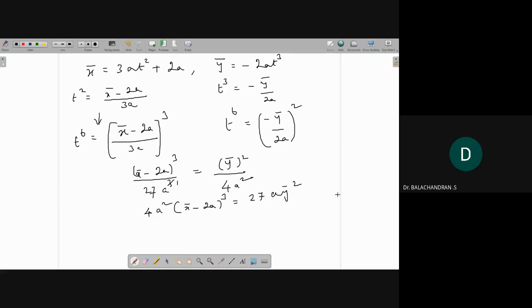But we need to find the locus of x bar and y bar. So the locus of x bar, y bar is 4 into x minus 2a whole cube equal to 27 a y square, which is the evolute of the parabola.